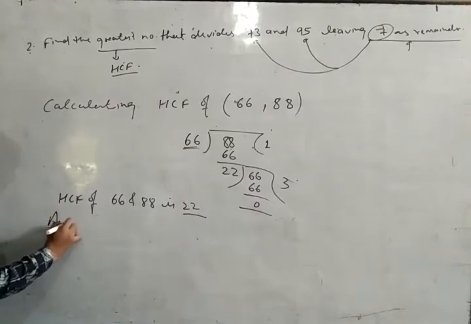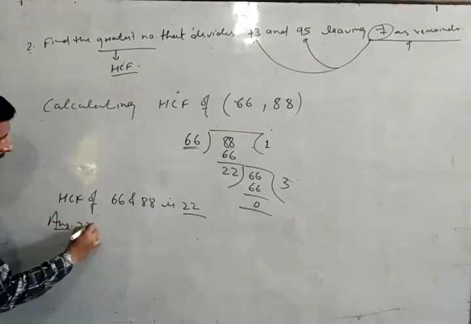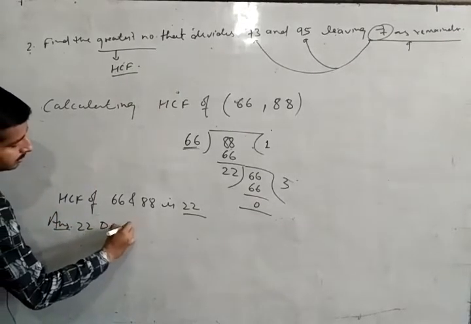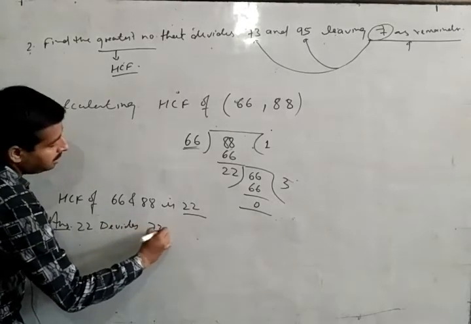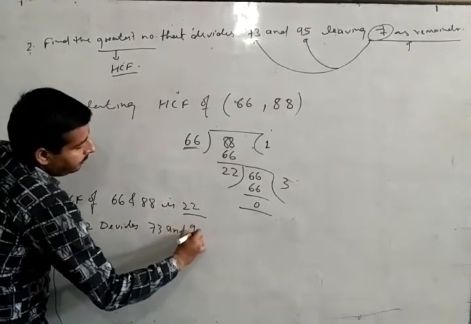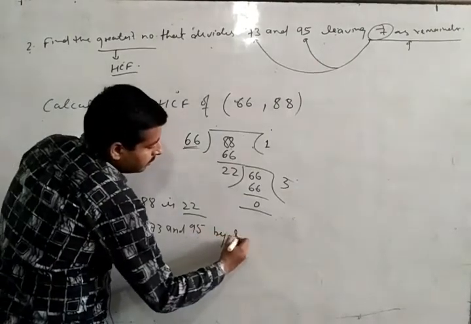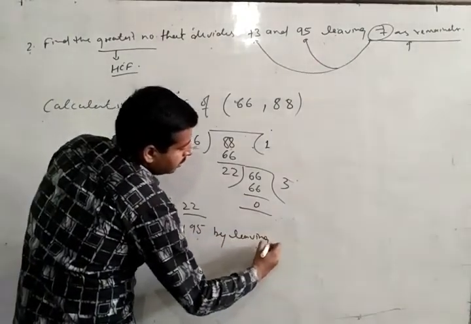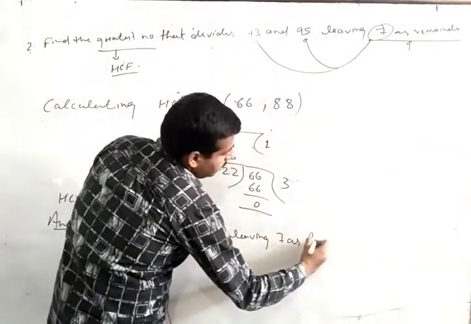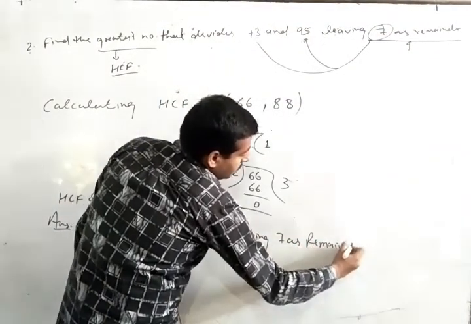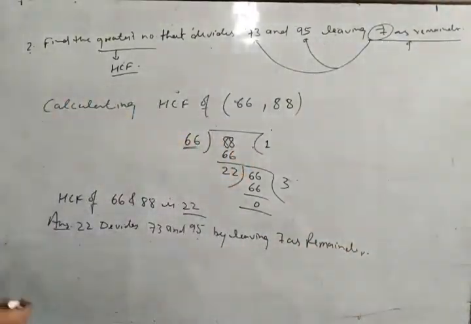Means our answer is 22 divides 73 and 95 leaving 7 as remainder.